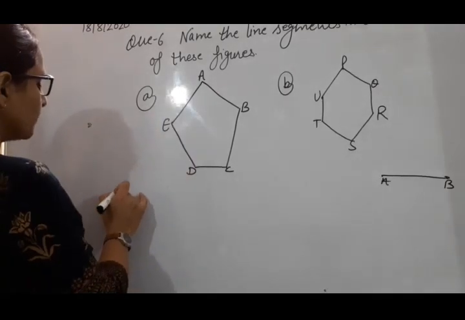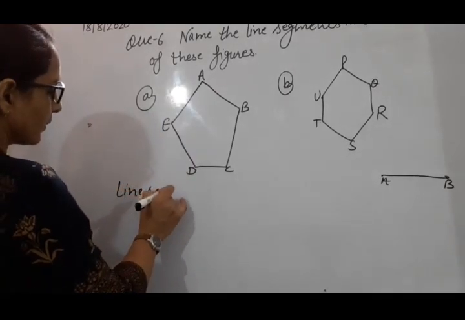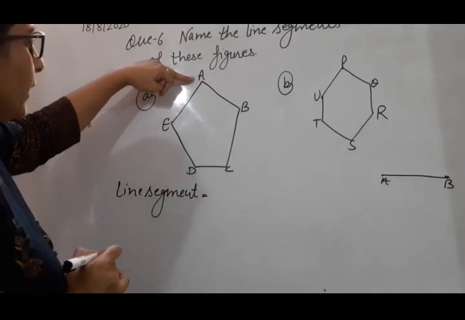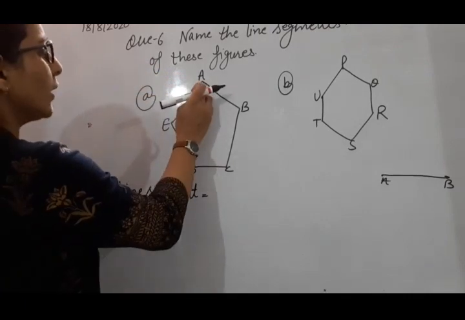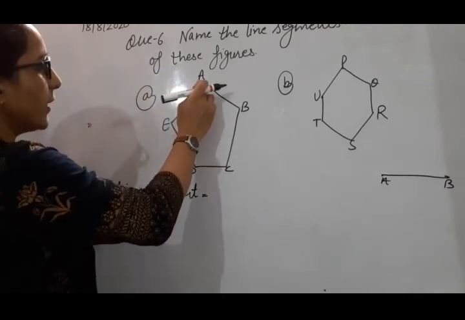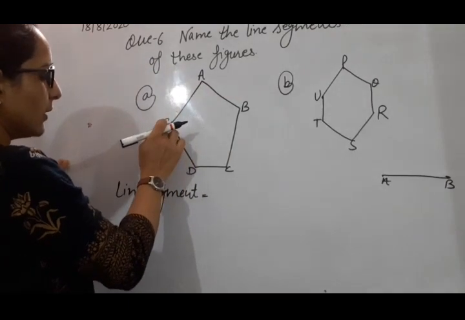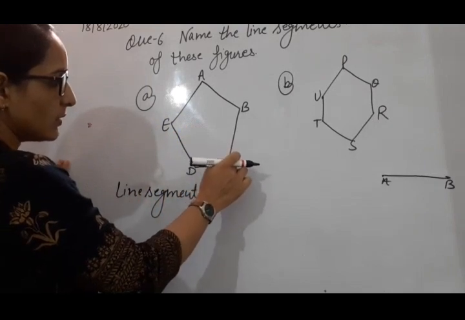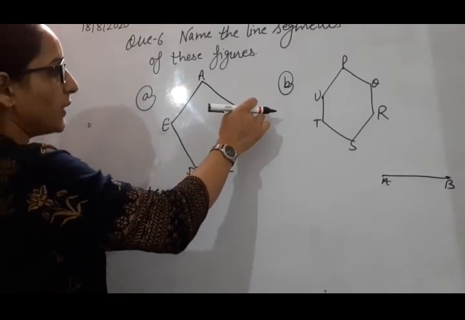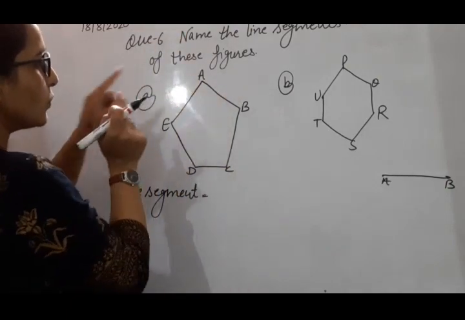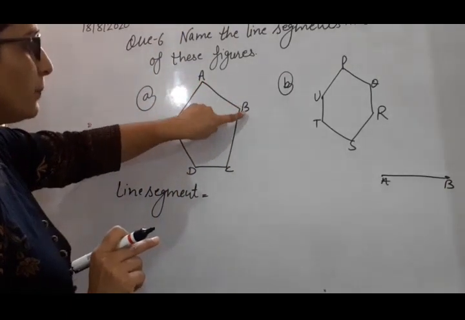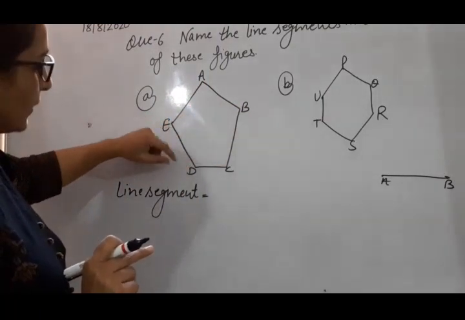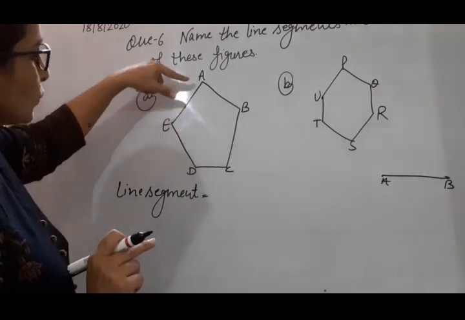In part A, from one point to the second point: AE, ED, DC, CB and BA. Otherwise you can start from the other side: AB, BC, CD, DE, EA.